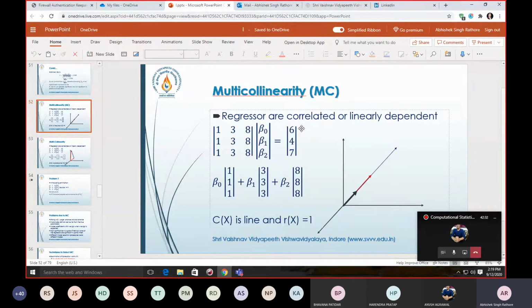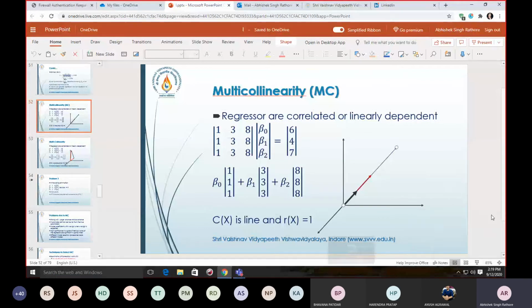So we don't have any solution available over here, or we can represent it as a vector. This is my first vector, beta naught, the red vector; this is my beta 1, and this is my beta 2, the yellow vector. What it signifies is that we are moving in the same direction.